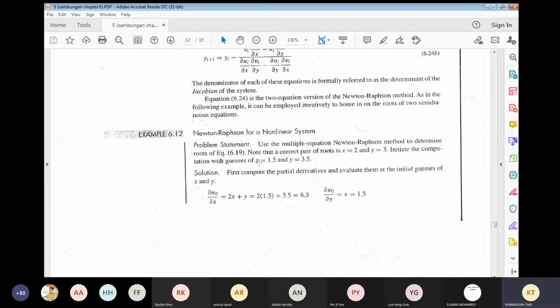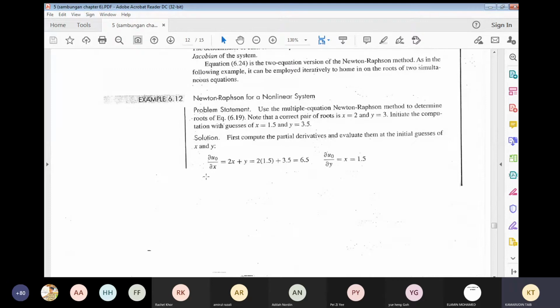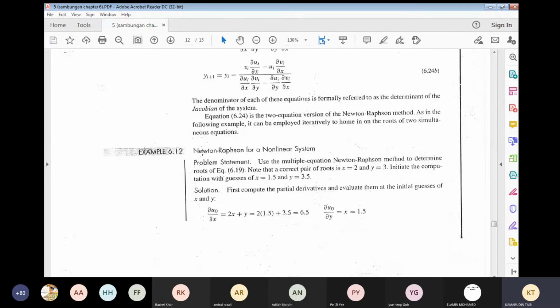First of all, compute the partial derivatives and evaluate them at the initial guesses of x and y. I'm sure you know how to take partial derivatives.